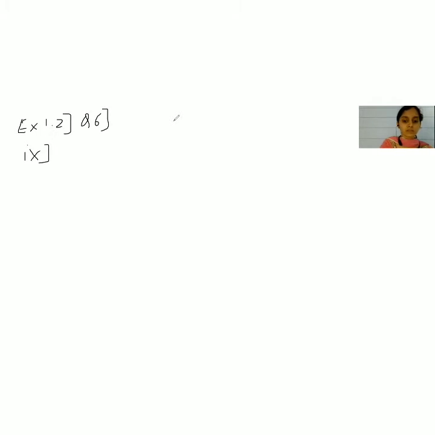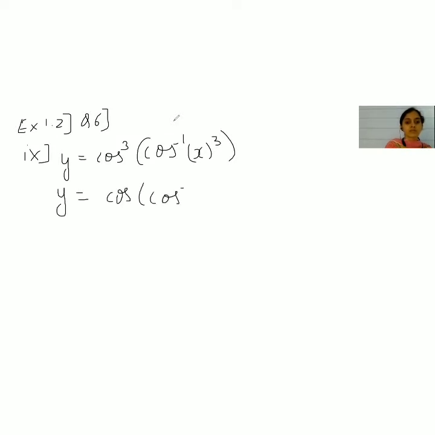The 9th question says, y is equal to cos cube of cos inverse x cube. So we can write this function as y is equal to cos of cos inverse x cube, the whole thing raised to 3.